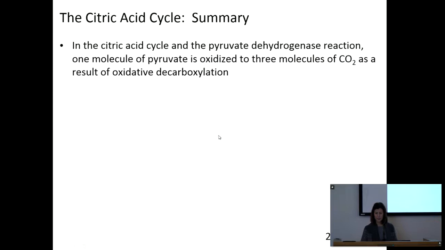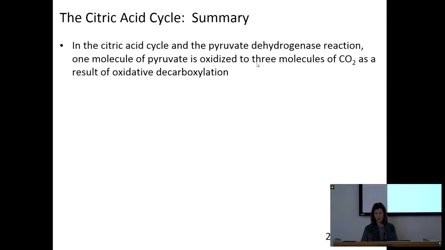All right. So again, in our little summary, we've broken down glucose through glycolysis to 2 molecules of pyruvate. In the pre-citric acid cycle, we take that pyruvate and make it our acetyl-CoA, and we lose carbon dioxide.